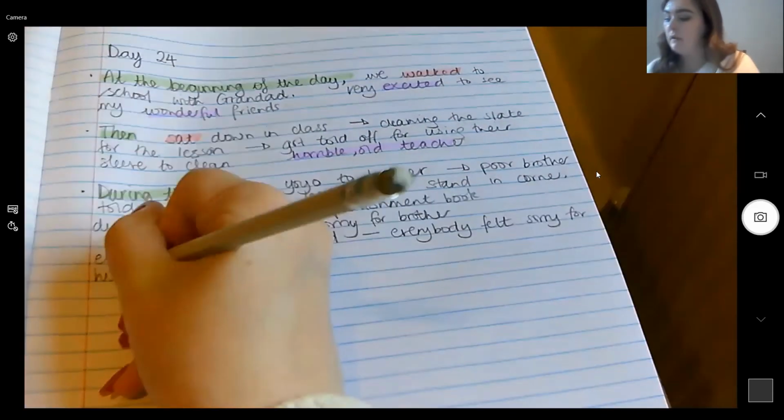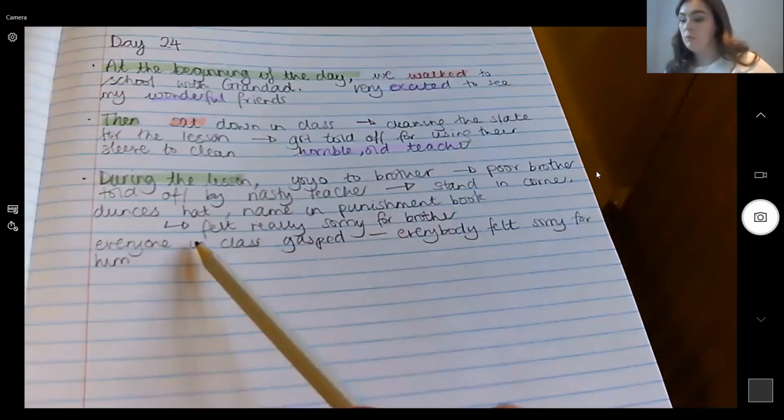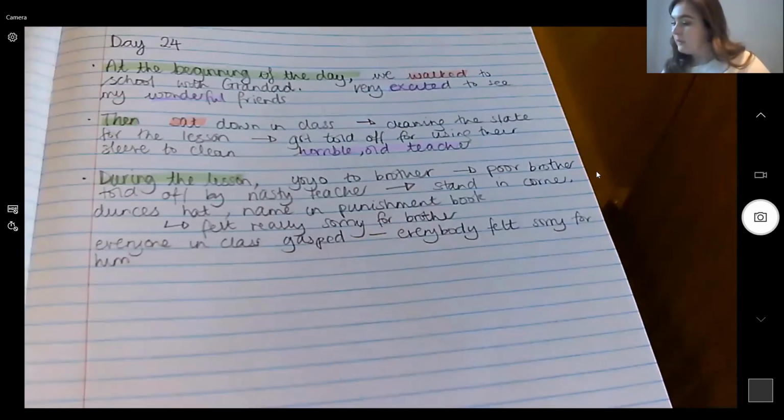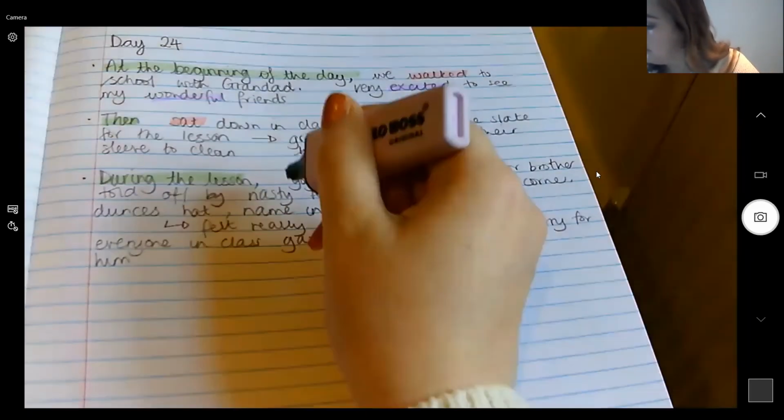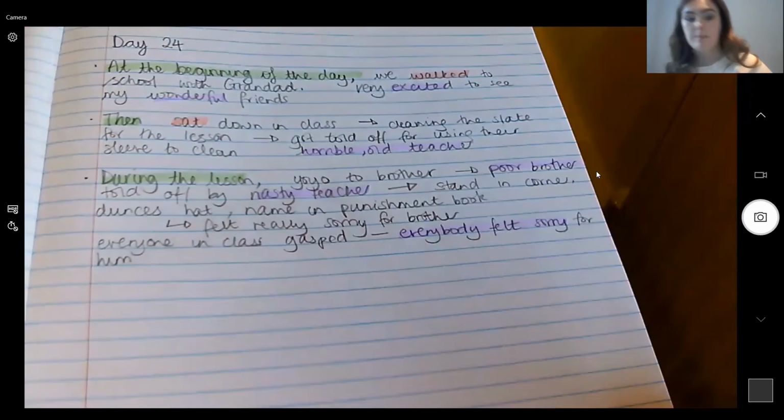So here I know when I write it up tomorrow, I really want to make the reader feel a lot of emotions towards the brother. You've got nasty teacher, poor brother, everyone felt sorry. So I'm going to try and make the reader as well feel really sorry for the brother.